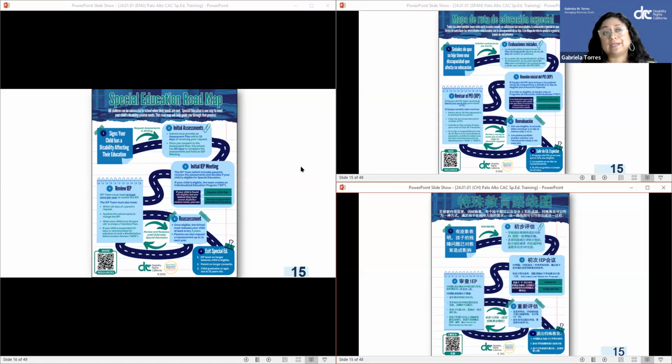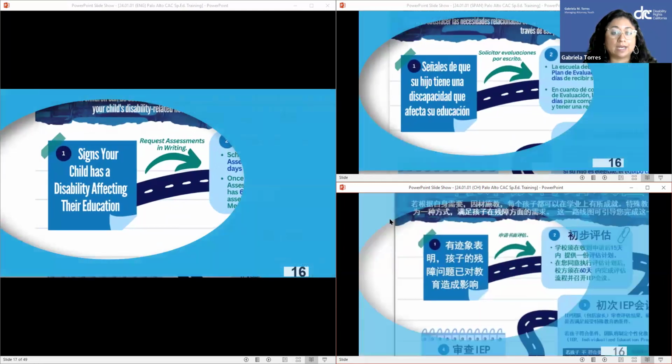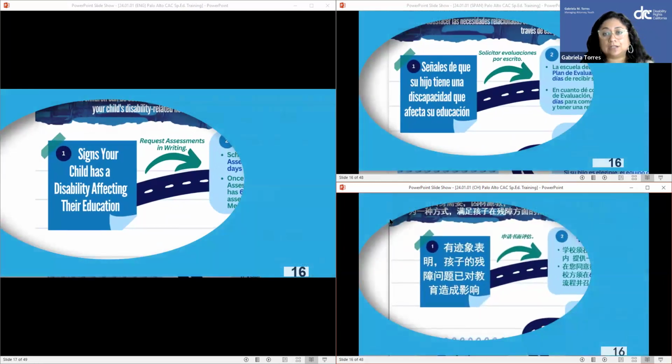And the third way is that a student is exited from an IEP either when they graduate with a high school diploma or they reach the age of 22. So that's the little journey. We're going to delve a little bit more into each of these steps, starting on the next slide with signs that your child has a disability affecting their education.